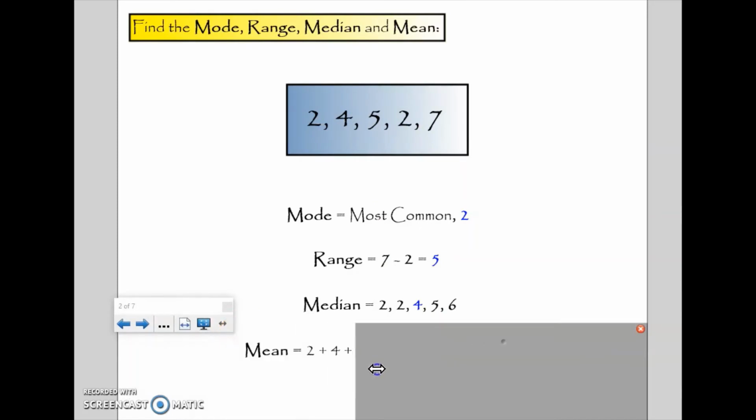So to find the mean, I will add my values together to get a total of 20. And then I'll take that total, divide by 5 to tell me that my mean is 4. So we've worked out the 4 averages from this quite simple data set.